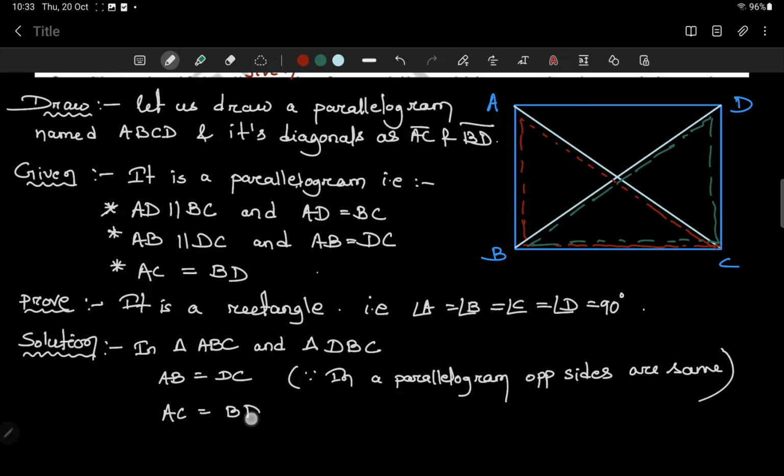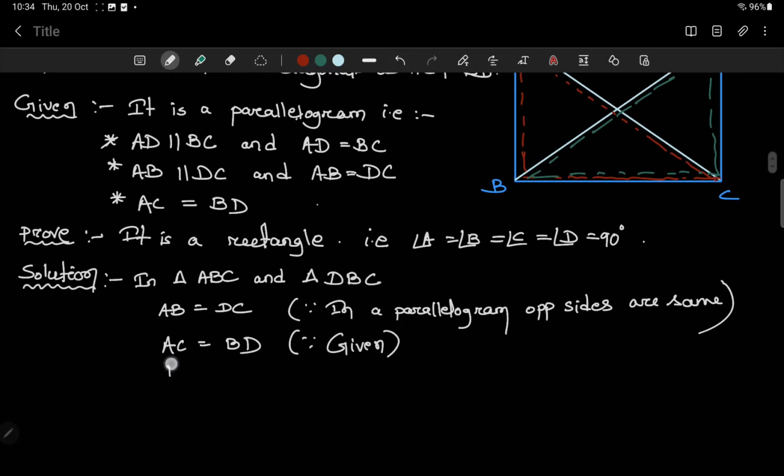Why? This diagonal equals this diagonal, because it is given. And BC equals BC, common side. So hence we can say that triangle ABC is congruent to triangle DBC.